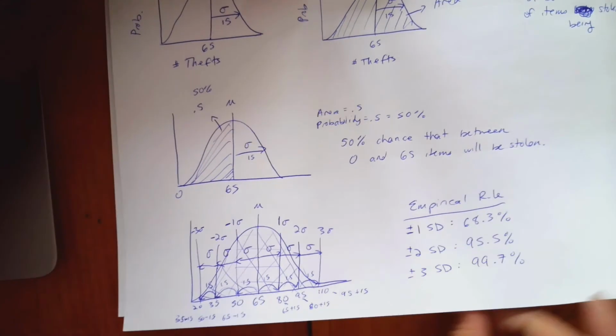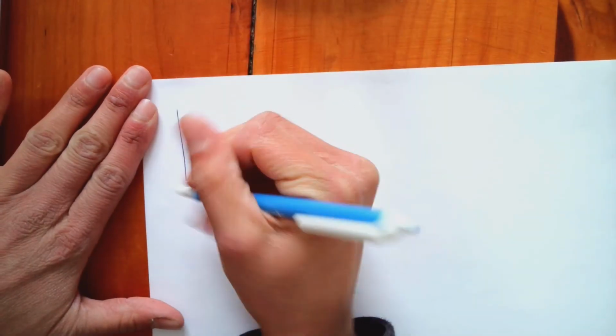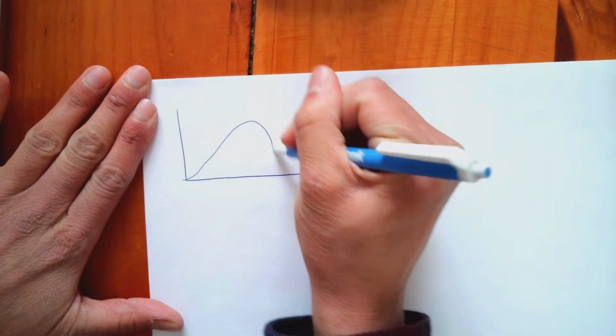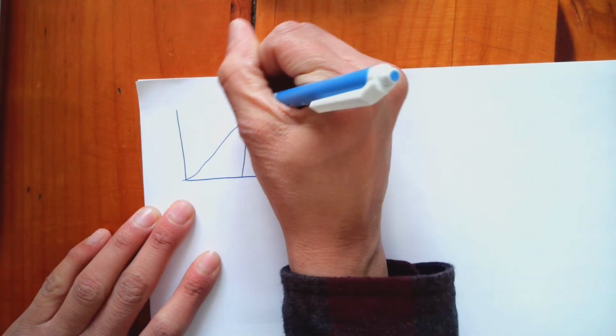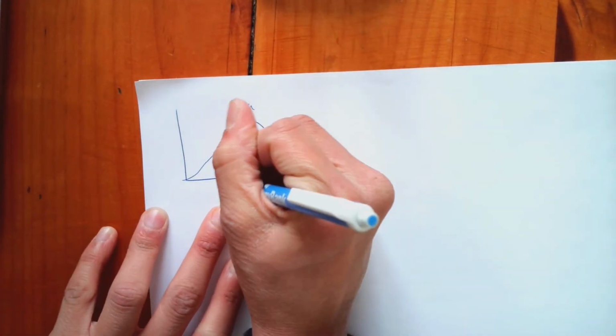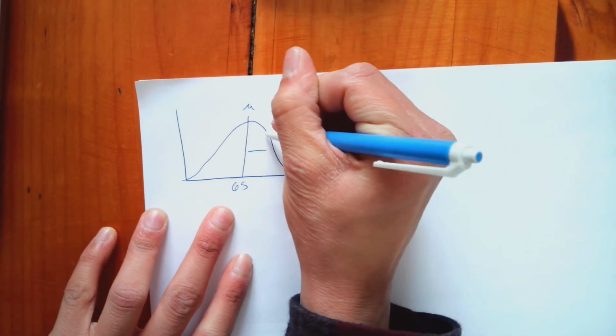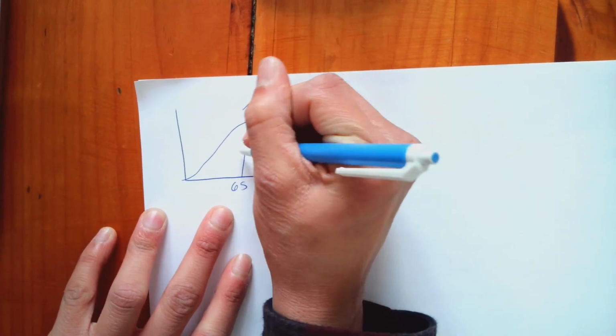So let's look at what this tells us specifically about numbers of thefts. And I'm going to start with 1 standard deviation on either side of the mean. So we have a mean of 65, and here we're just going to go out 1 standard deviation on either side.